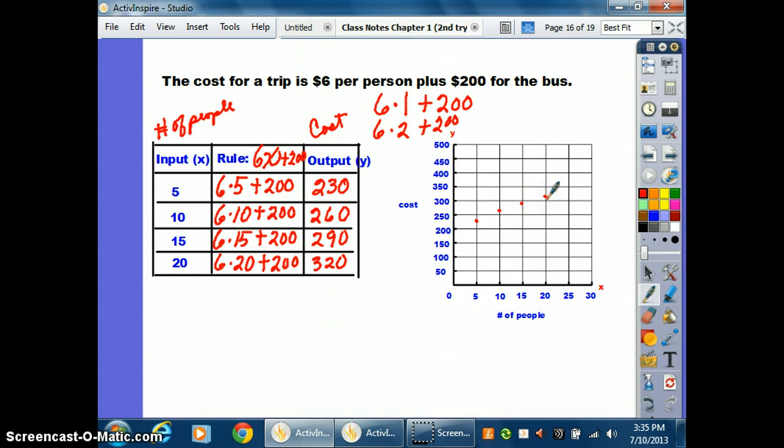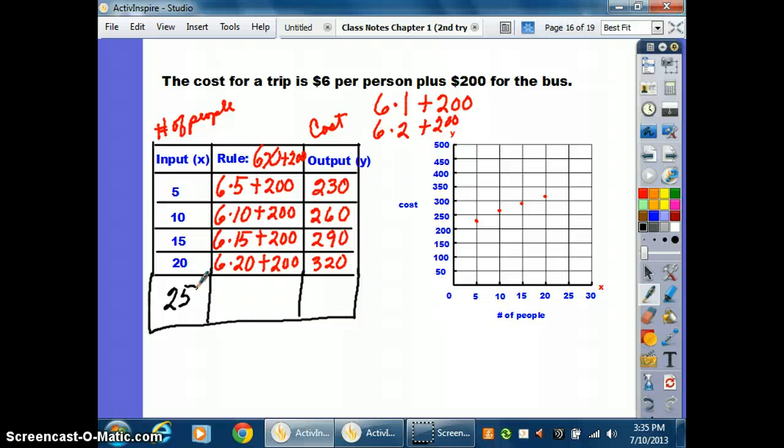Hey, if we added to our table a little bit longer and said, what would it be for 25 people to go? You know, algebra is the study of patterns, so we're counting up by 5s. And then we can look at the y's, the outputs. This is a constant also. I wonder what it's going up by. 230, 260, 290.